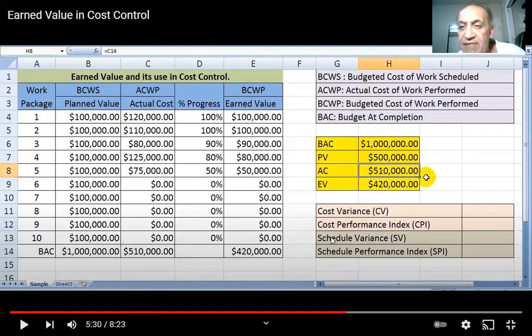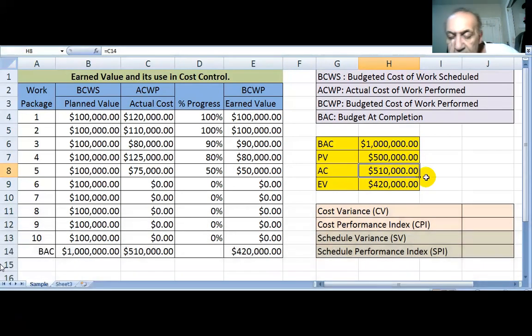That means there is a deviation, 10,000 more. I finished 5 work packages, or only 3 work packages, or 4, or 6 work packages. That information is not given here.